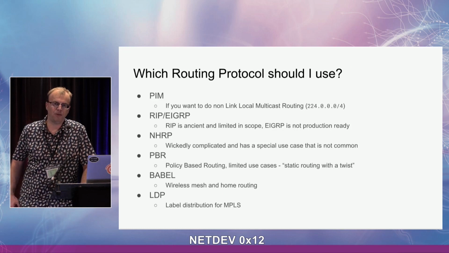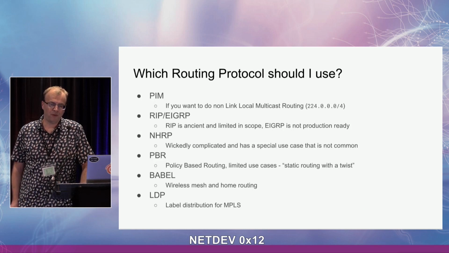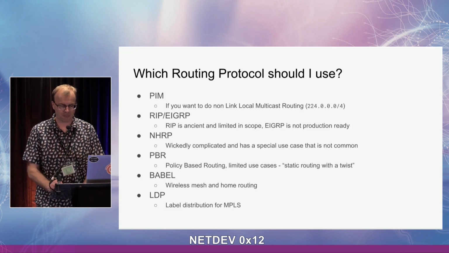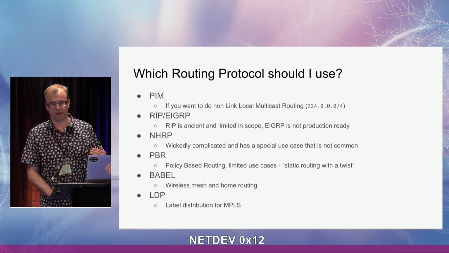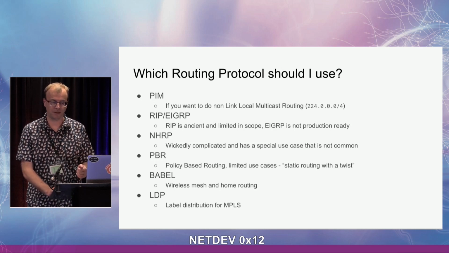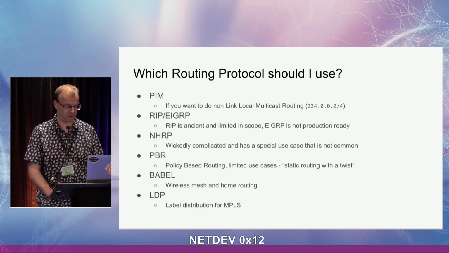It's static routing with a twist. You can do things like match on source and dest and ports to figure out how to route that packet. FRRouting has Babel, which is for wireless mesh and home routing. And finally, we also have LDP, which is label distribution for MPLS.